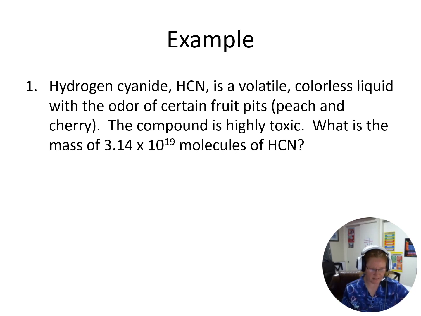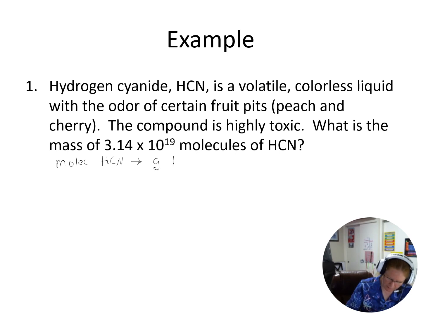All right, let's try another one. Okay, we have hydrogen cyanide. So we have number of molecules. We want to know the mass. So we're going from molecules of hydrogen cyanide to grams of hydrogen cyanide. Okay?